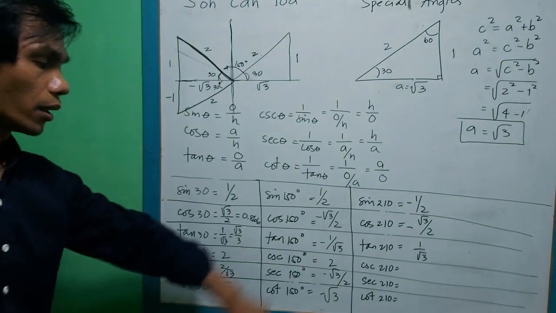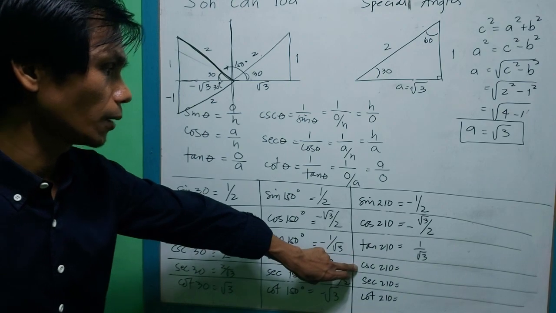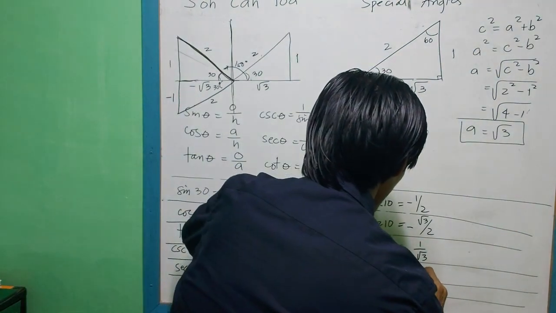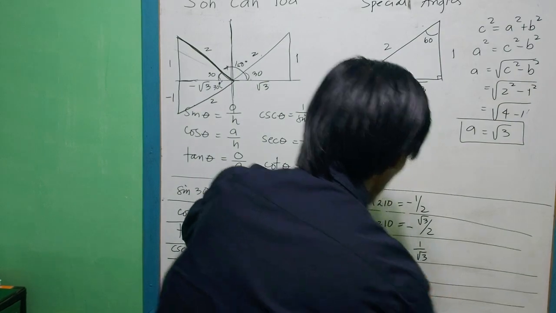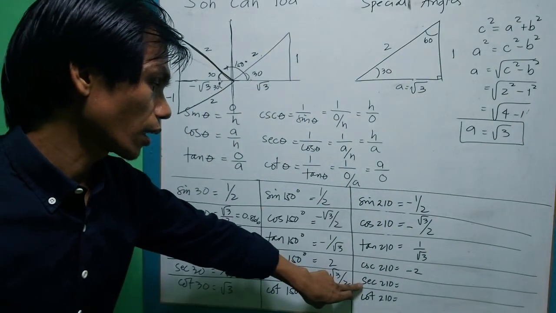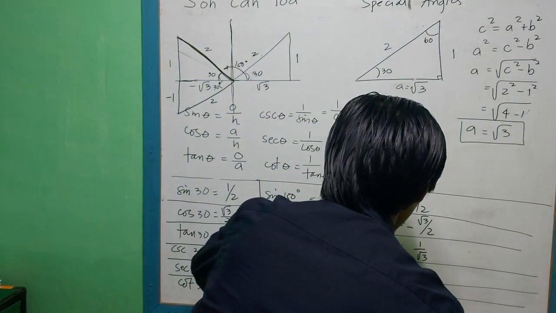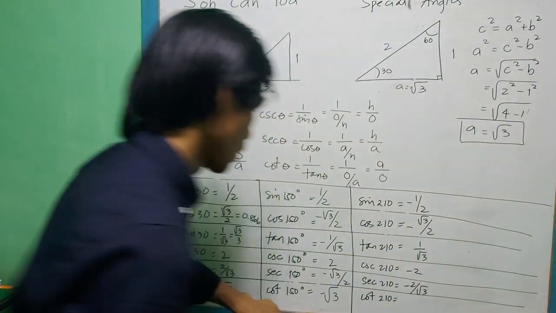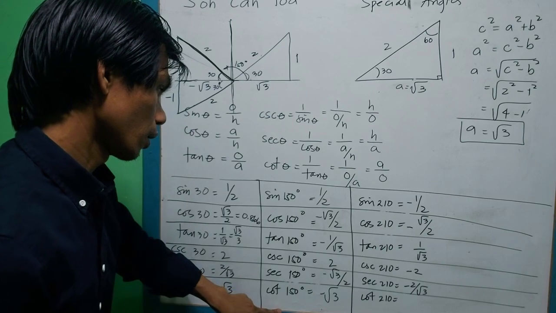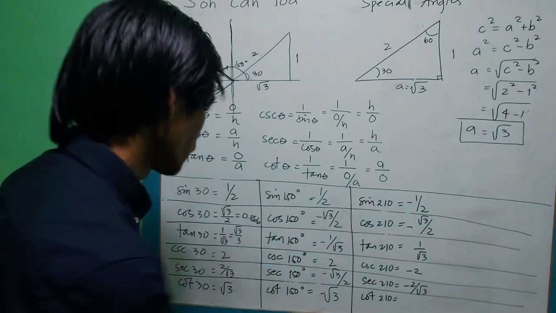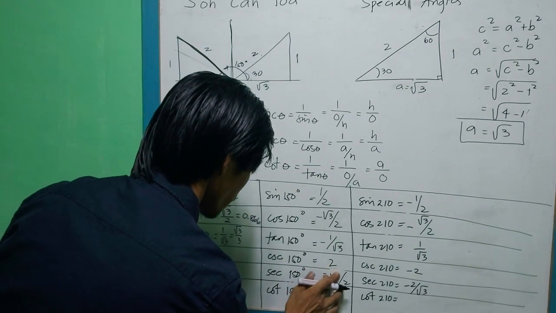Positive na siya. And then cosecant. Sabi ko sa inyo kanina, pagbaliktarin nyo lang yung sign dito. So that is negative 2. The other one, secant, pagbaliktarin nyo lang din to, negative 2 over square root of 3. Okay? Parang baliktad to. 2 over square root of 3 to.